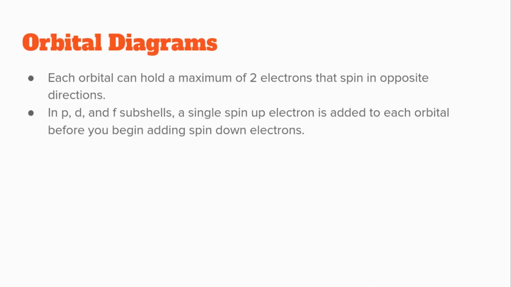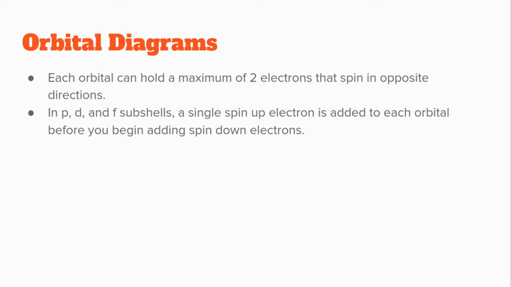So one thing we'll do this year that we didn't do last year is orbital diagrams. We can put our electron configurations into an orbital diagram or vice versa. But basically, we show that each orbital can hold only 2 electrons that spin in opposite directions. And we do that using arrows that are in opposite directions.